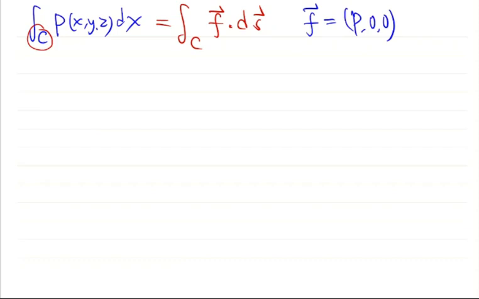You take two zero components, combine with p to obtain a vector-valued function f. Then you can compute the flow integral. This flow integral is what we mean by the integral of p dx. Okay, so we compute an interesting example. This is a very useful integral.